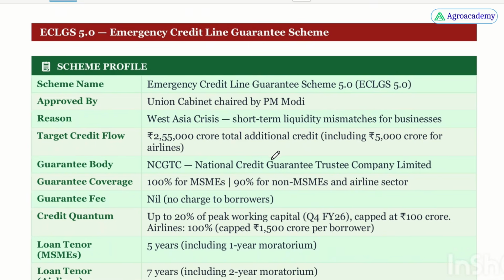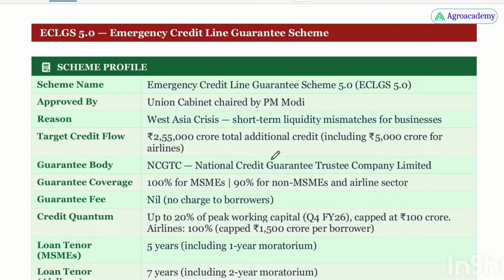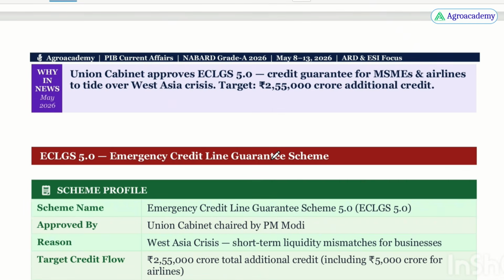Next comes the Emergency Credit Line Guarantee Scheme. The Indian government has approved this scheme, version 5.0. This scheme guarantees credit for micro, small and medium enterprises (MSMEs) and airlines to tide over the West Asia crisis. We all know what is happening in West Asia.